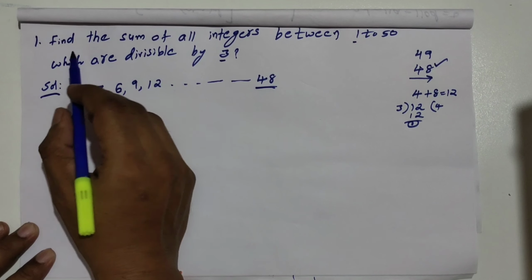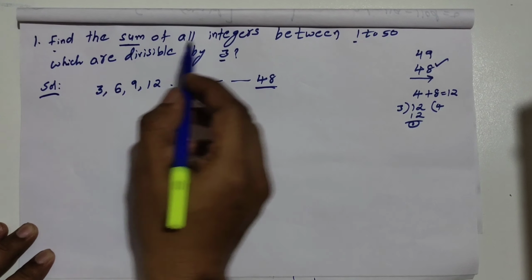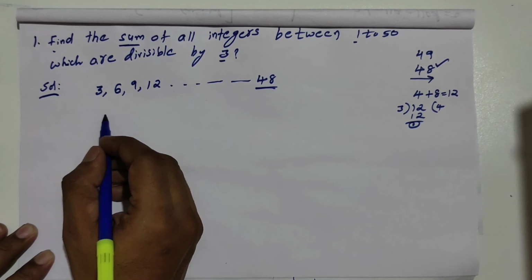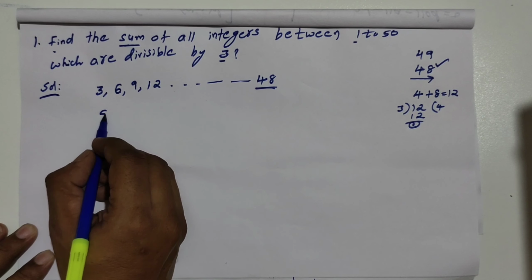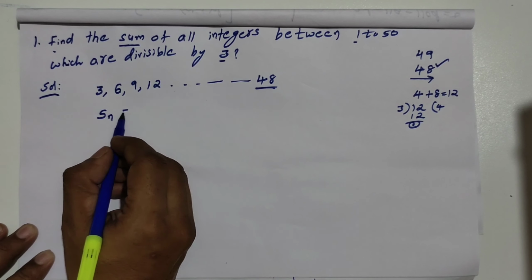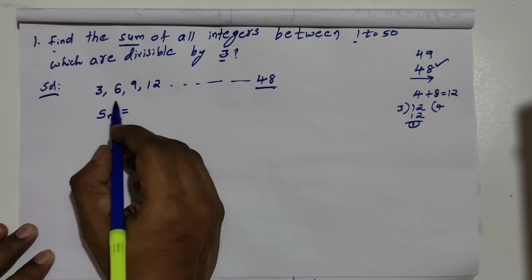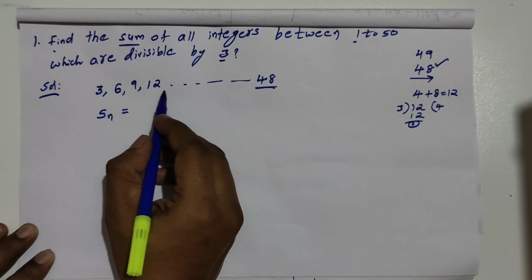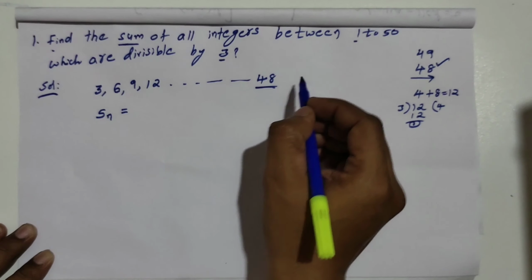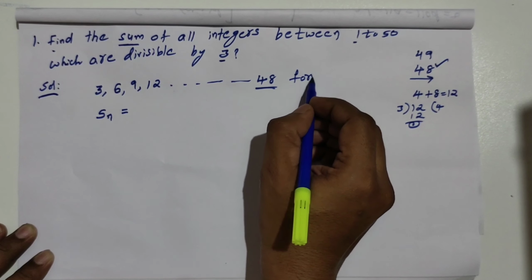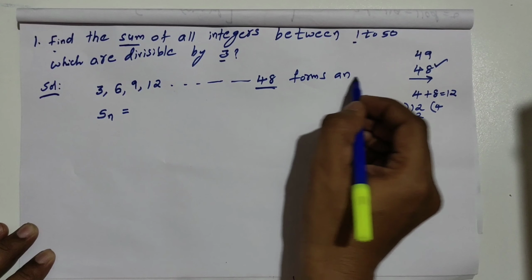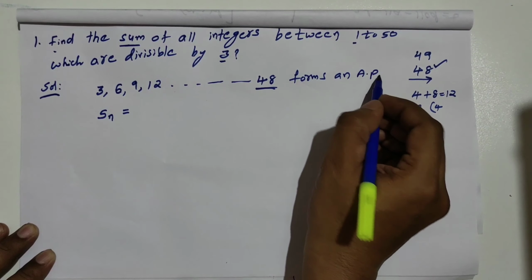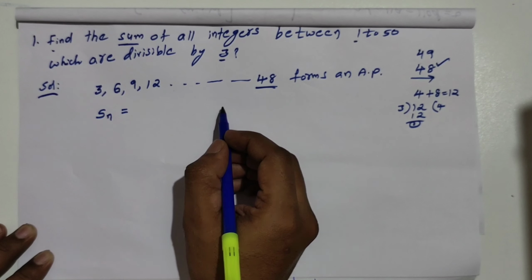Now here we have to find the sum of all these integers. Here again we have to use the sum of the first n terms in the arithmetic progression. Why? Because by observation 3, 6, 9, 12 forms an arithmetic progression.